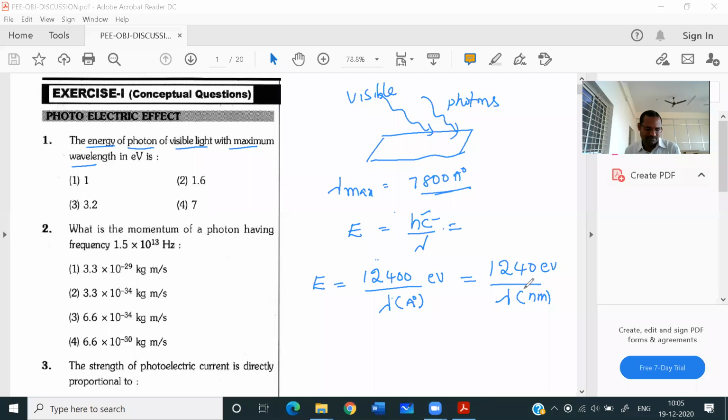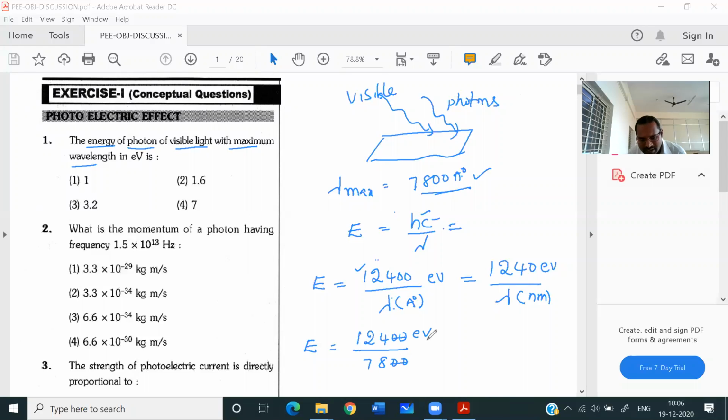See here now. Lambda maximum is 7800 angstrom, so we need to use the angstrom formula, that is 12,400 electron volt upon lambda in angstrom, 7800.